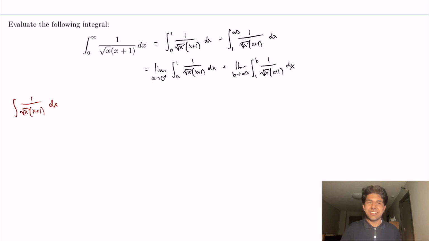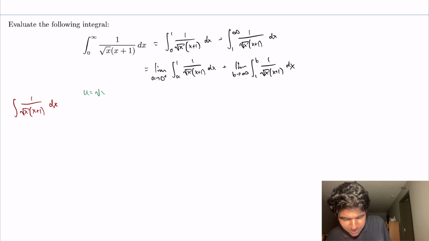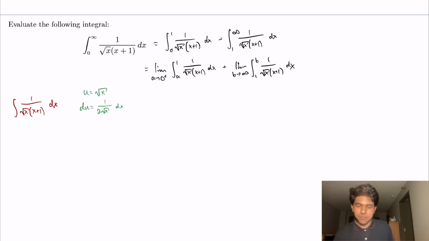The way we're going to solve this, which may be a surprise, is u substitution. Watch this. We're going to let u equal the square root of x. If you take the derivative of u, we're going to get 1 over 2 square root of x dx. Now, the way we're going to rewrite this integral is we're going to keep the square root of x in the denominator as is.